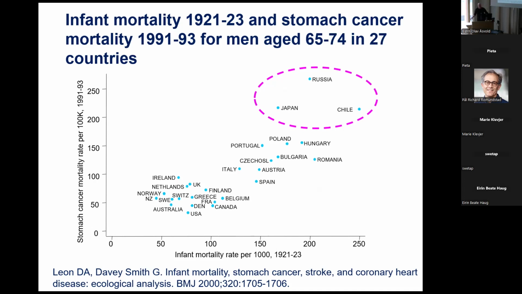Chile and Japan had the longest life expectancy then in the world. These are totally different places. The one thing they had in common was that those birth cohorts had experienced the conditions which led to high rates of mortality 70 years ago.